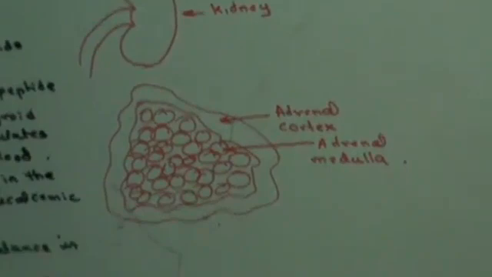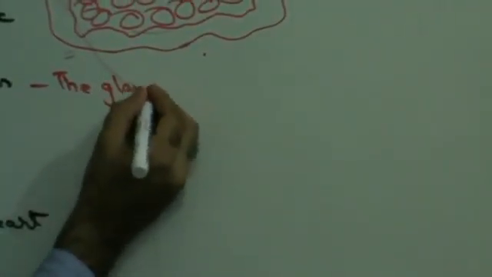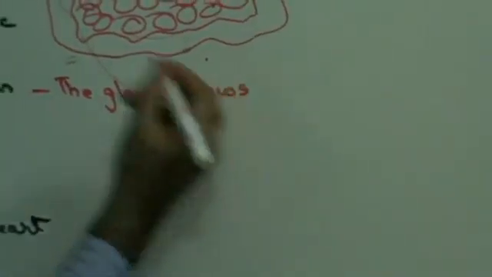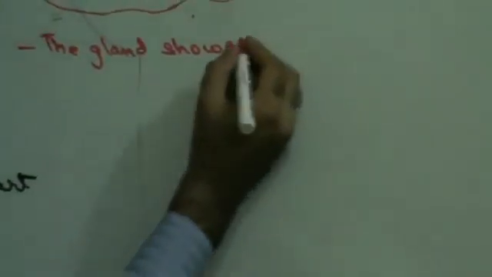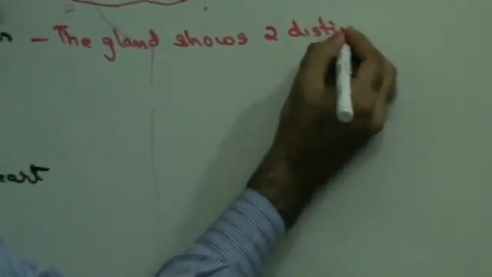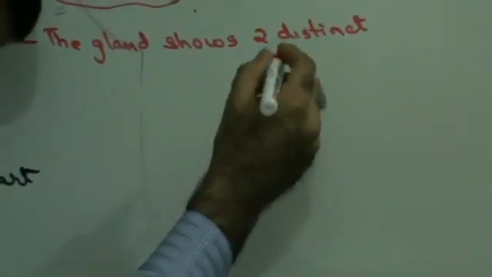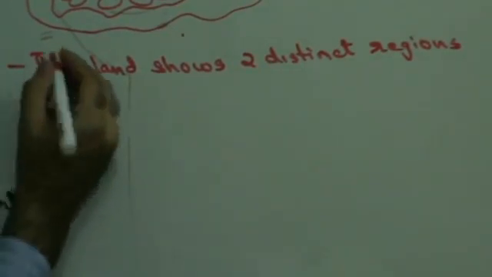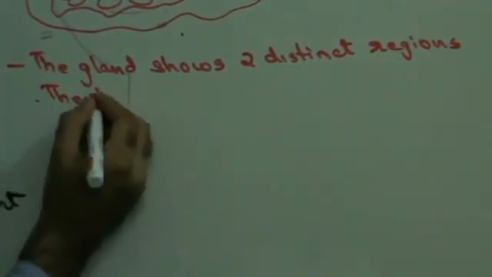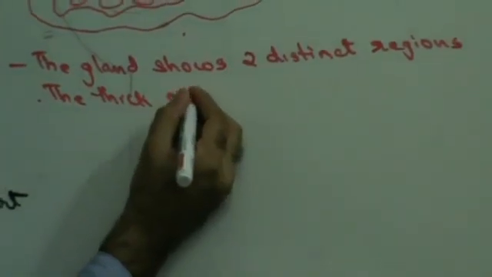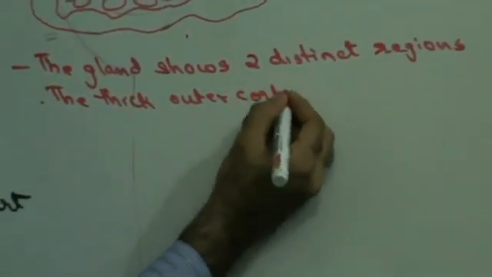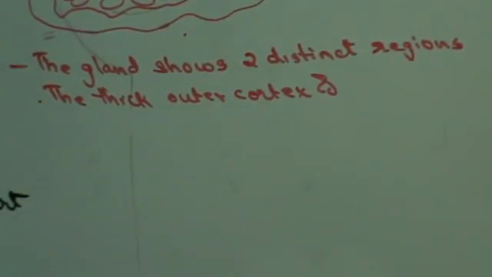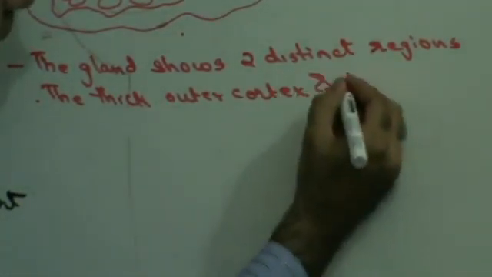The gland shows two distinct regions, the thick outer cortex and the thin inner medulla.